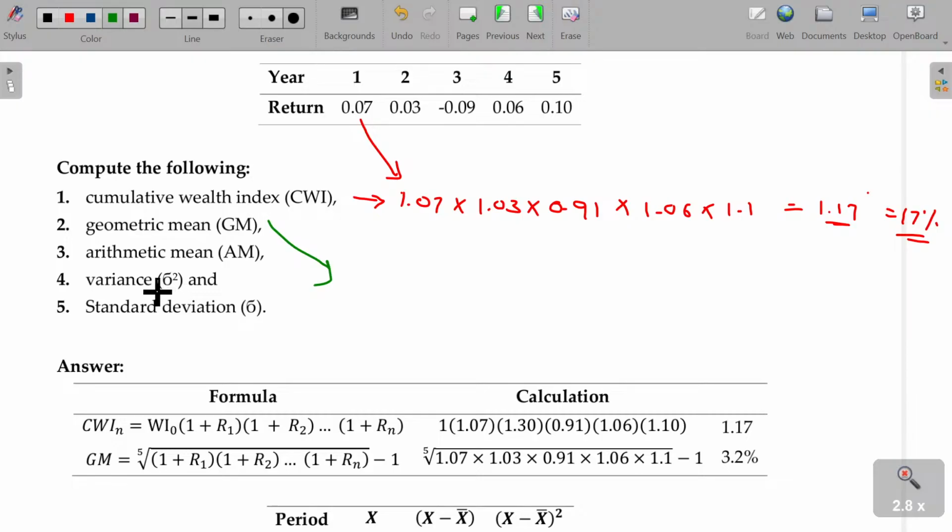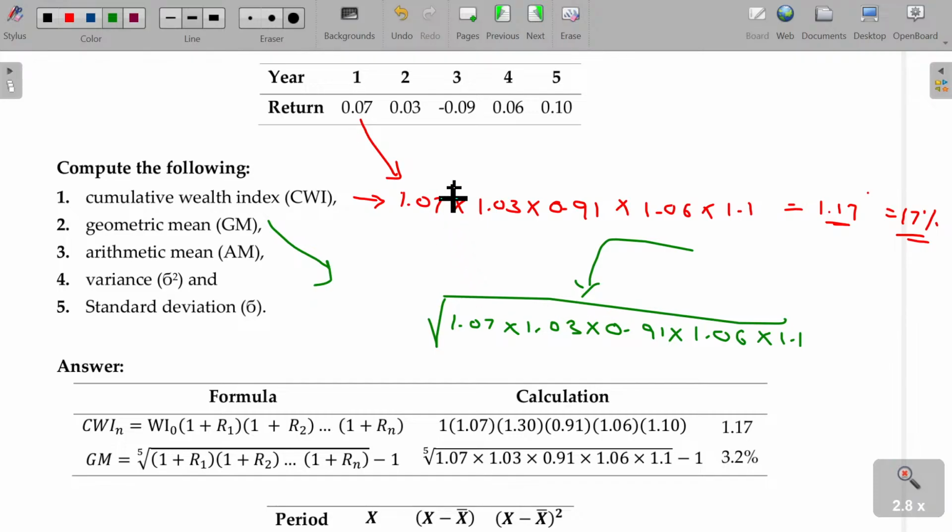In this case, the value you calculate here, you have to take the fifth root. 1.07, 1.03, 0.91, 1.06 into 1.1. Take the nth root. Here the number of years is 5, so you have to take the fifth root, which is 3.2%. Clear?